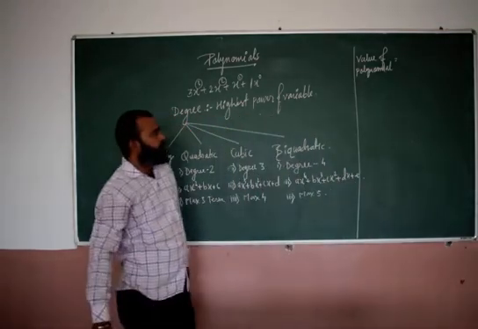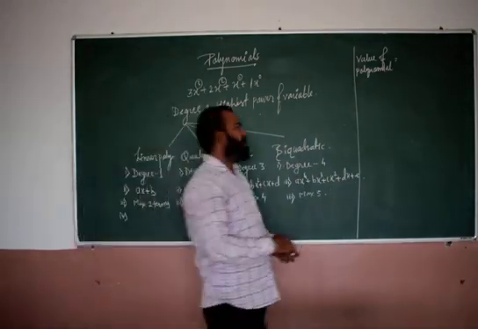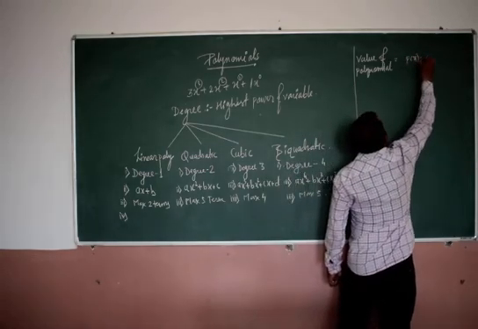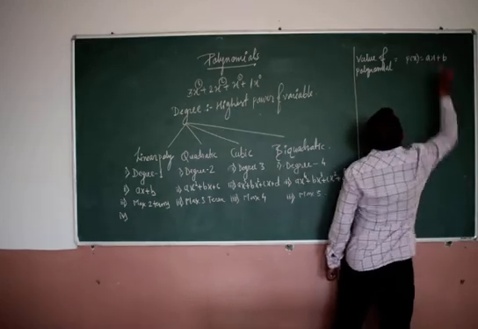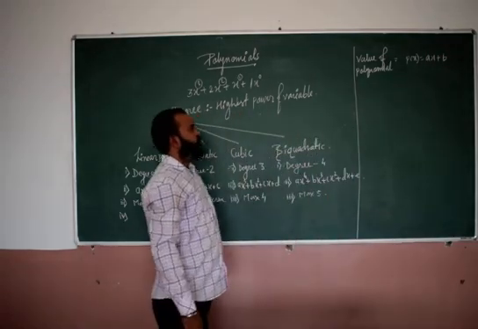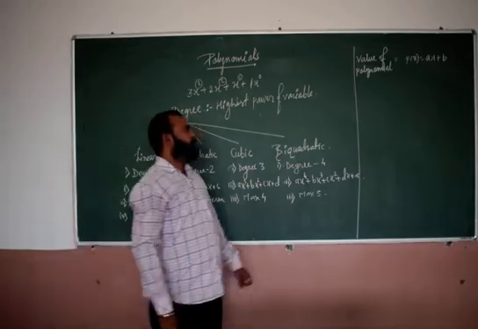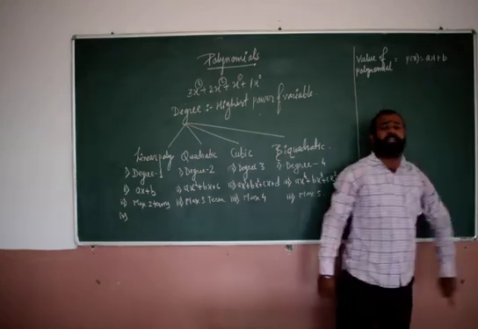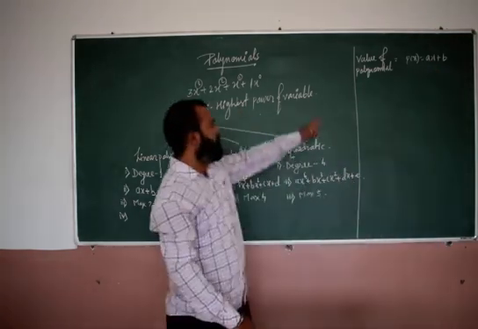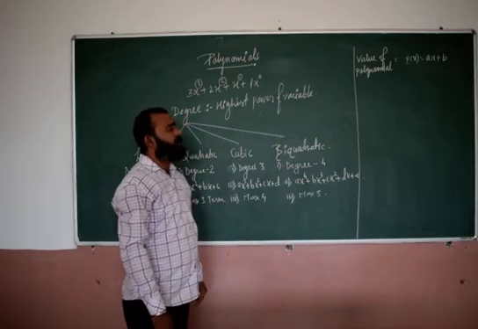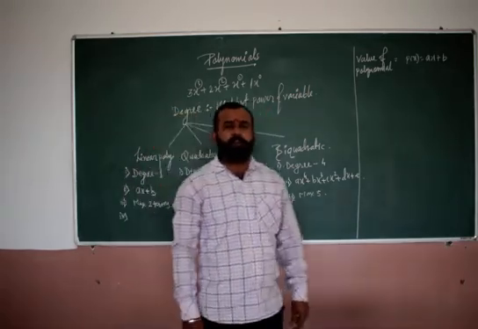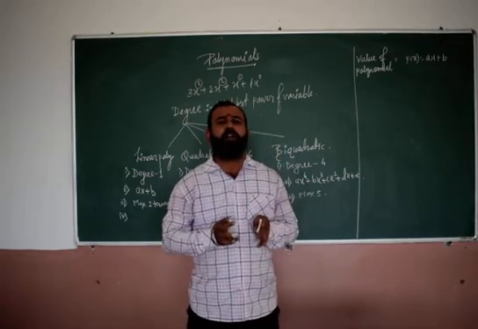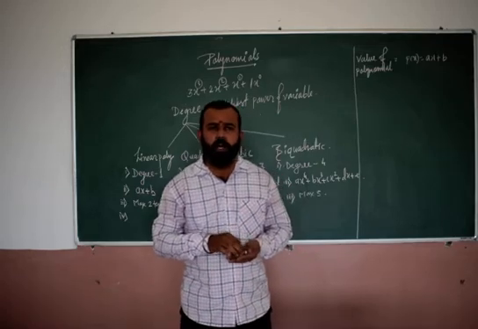So see here, suppose there is a polynomial p of x equals ax plus b. I have taken a linear polynomial. If in any polynomial the variable is replaced by any real number, then whatever answer we get after replacing is called the value of that given polynomial.